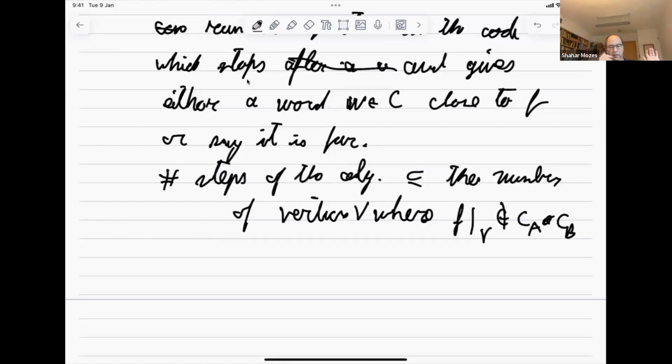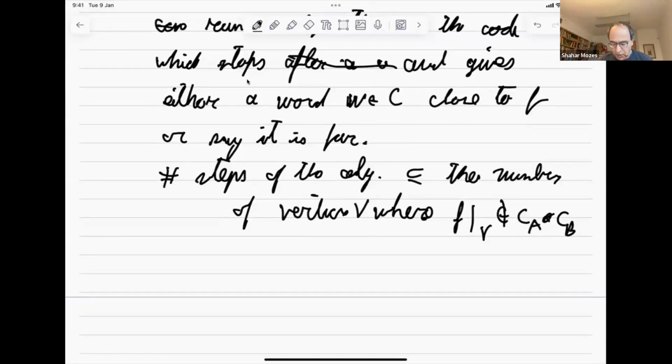Okay, so that's the testing. So this is a local test because it depends only on the size of the generators, and this number of generators is going to be fixed even though the group G grows.